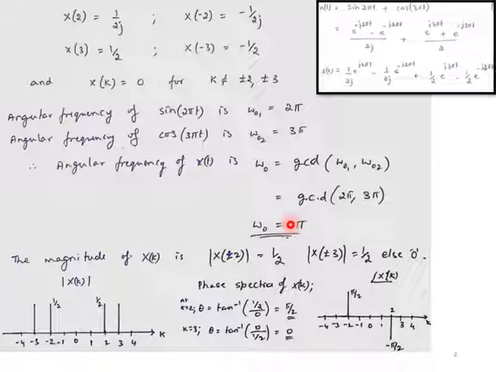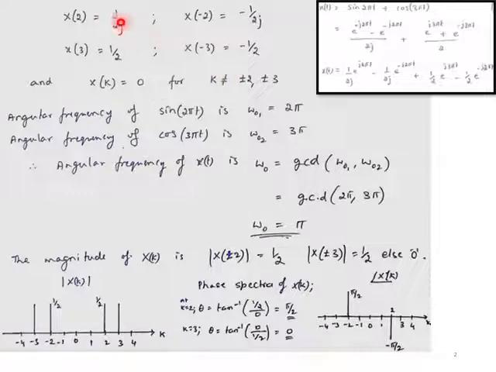Next, if I want to plot the graph of the Fourier coefficients, then I can go for the magnitude and phase spectra values. Magnitude of x of k we can calculate. If I take the magnitude for x of 2, x of minus 2, x of 3, x of minus 3, what could be the value?